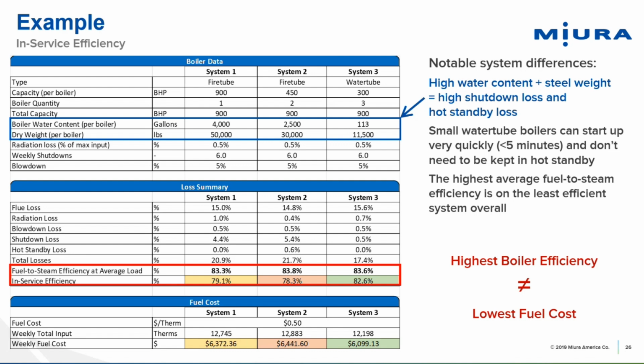But my understanding is they can also be a lot more efficient because you can condense in the back pass and stuff like that. And that condensing is what really drives the high efficiency of those boilers, and that can vary by external factors to the boiler, not just the load percentage. So it's your returning water temperature and things like that. But anyway, that's not what we're talking about here.